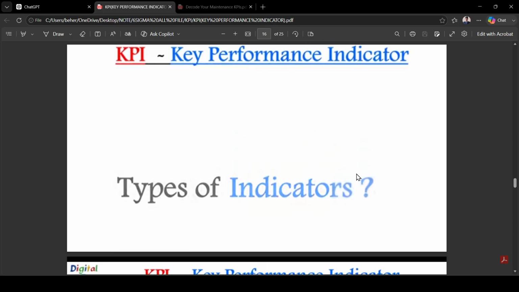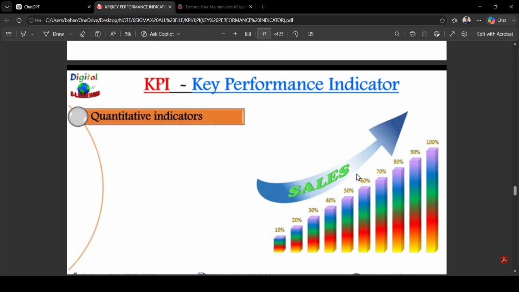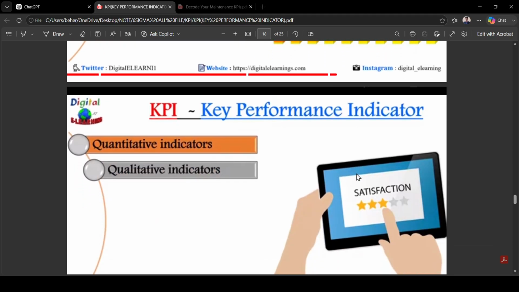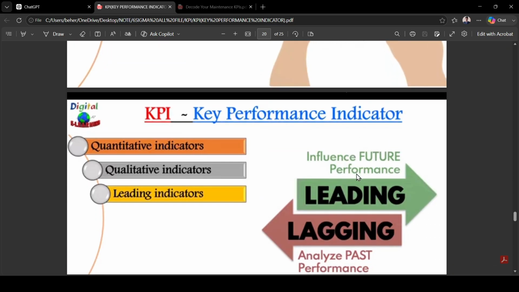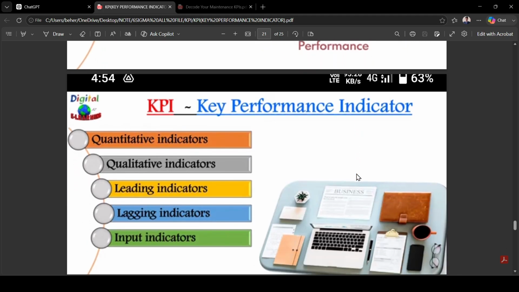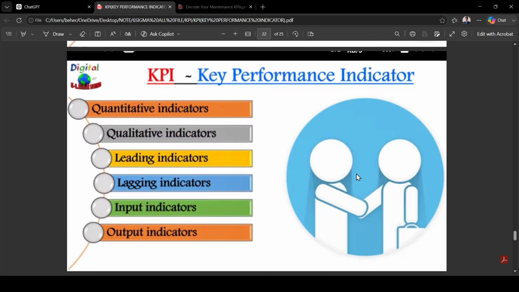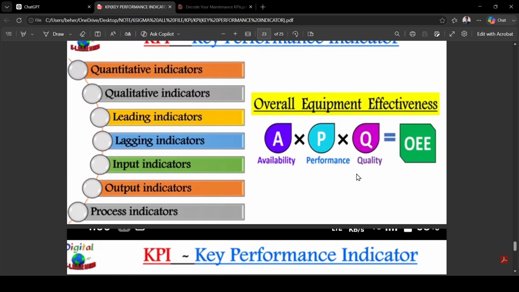Types of indicator. The first is the quantitative indicator, the second is the qualitative indicator, the third is the leading indicator, the fourth is the lagging indicator, the fifth is the input indicator, another is the output indicator, and another is the process indicator.